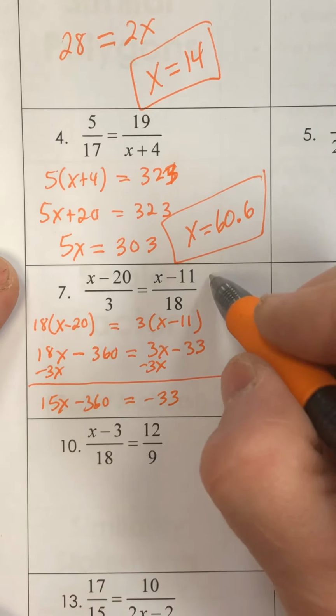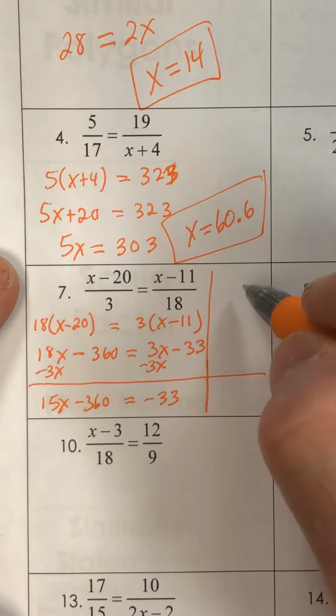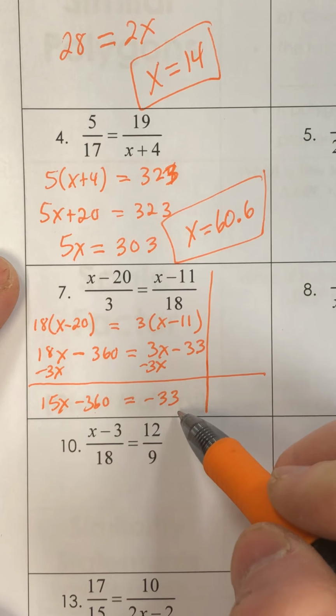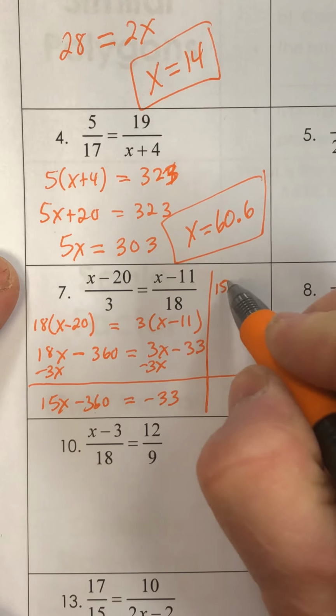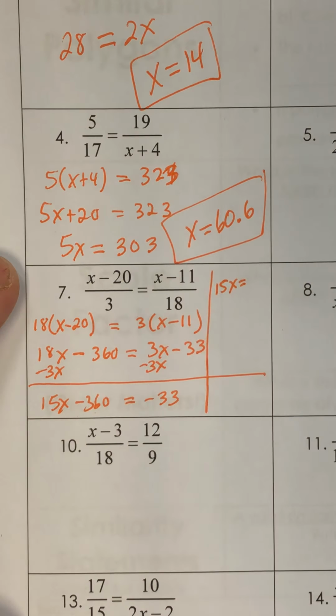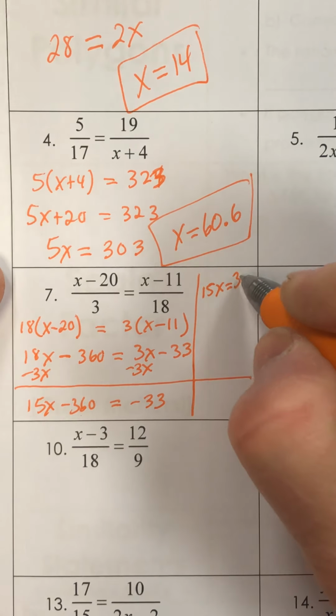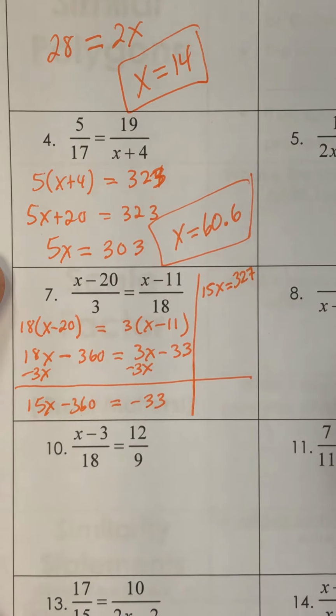So if I add 360, I'm going to have to go up over here to this side. So if I add 360, so 360 minus 33, so I'm going to have 15x equals, what's 360 minus 33? What, 327? Okay.